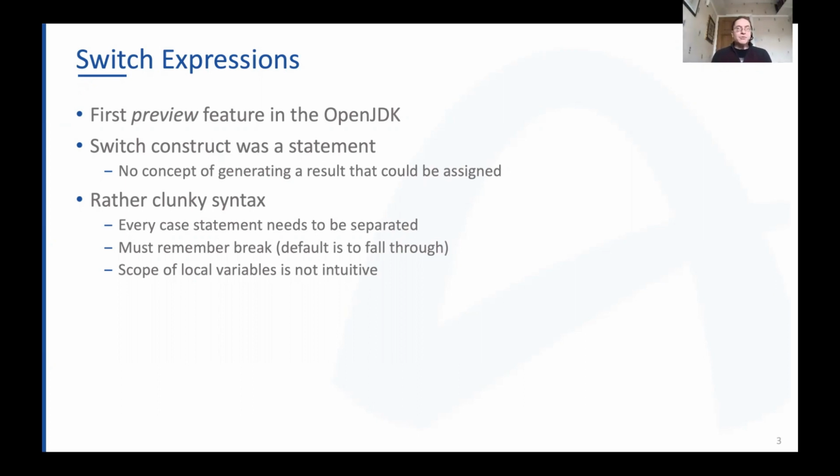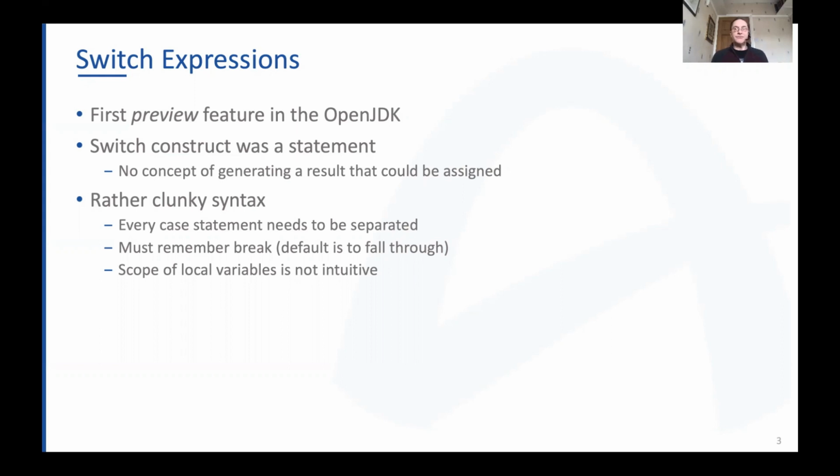The reason behind this was that if you look at the switch statement, which we've had right from the very beginning in Java, there's a number of things which make the use of a switch statement a little bit more tricky and potentially error prone than would be ideal.